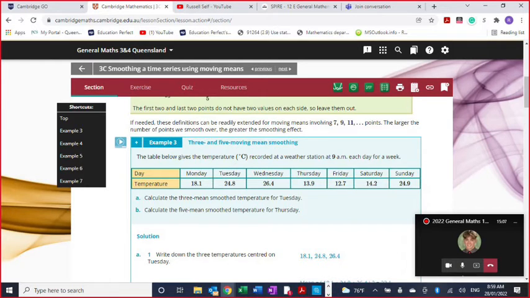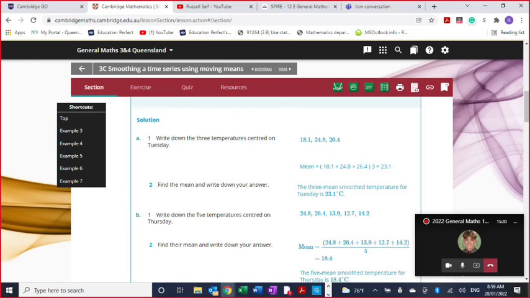We're going to write down the 3 values, which is what they've done. And then we're going to add them together and divide, of course, by 3 since we're taking the 3 moving mean. So there you go, adding them together, dividing by 3, and you get a mean of 23.1. So the 3 mean smooth temperature for Tuesday is 23.1.